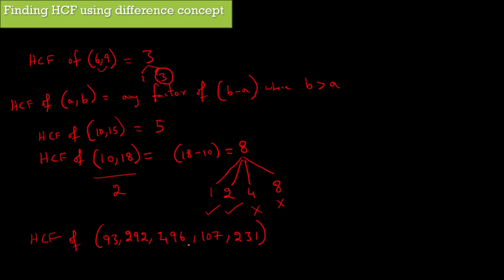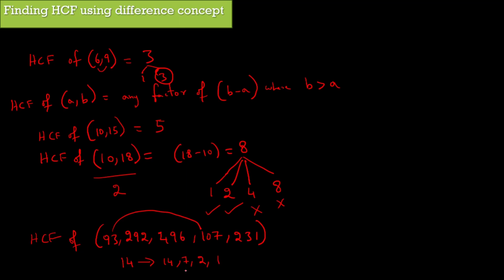Let us say if you have these many numbers, pick the two numbers which are having the least difference. So 93 and 107 are the numbers which are having the least difference. What is the difference between them? 14. What are the factors of 14? 14, 7, 2, and 1.